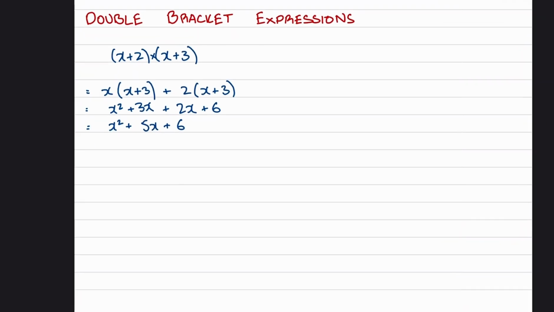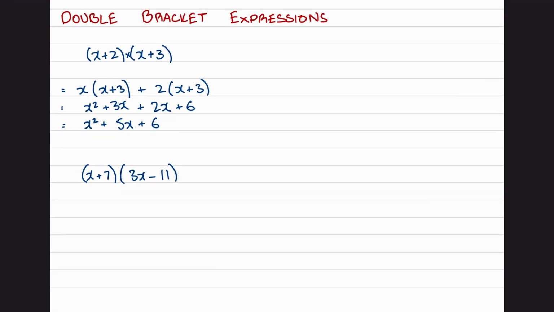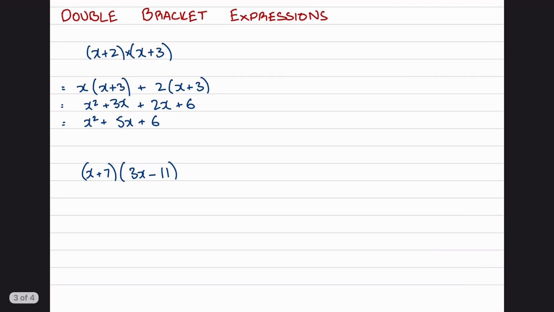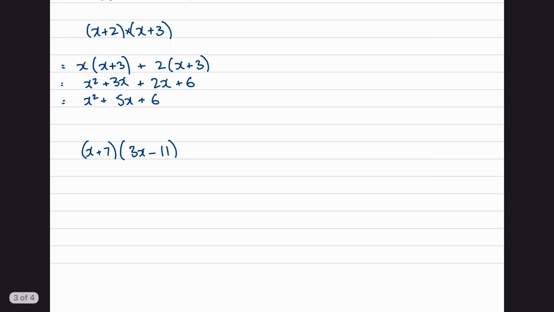Now another example would be (x plus 7) into (3x minus 11). Now it doesn't matter what numbers you have, or whether it's single powered x's or there's coefficient with x's, it'll always follow the same method, which is multiply the first term with both these terms and multiply the second number with both these terms.